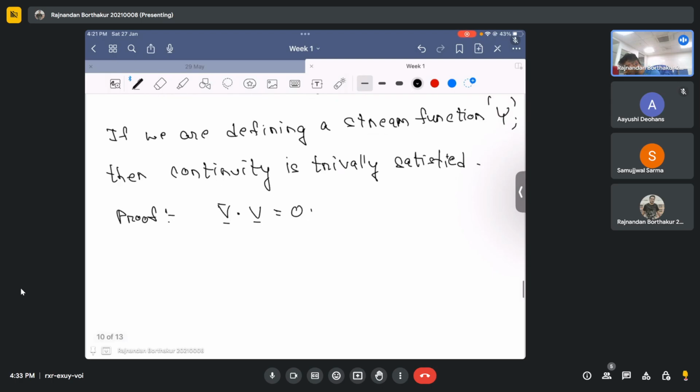If you write it in Cartesian coordinates, considering a planar geometry, it means del u by del x plus del v by del y has to be equal to 0. This is written for a 2D planar xy system.